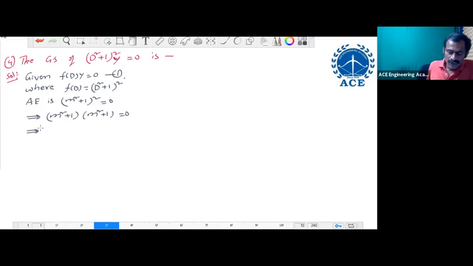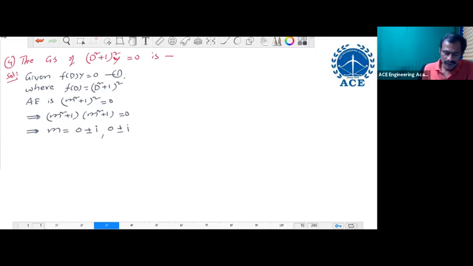It is a fourth order algebraic equation, and we have written this square as (m square plus 1) into (m square plus 1), and each factor will give 2 roots. So m equal to 0 plus or minus i, 0 plus or minus i. Because it is a fourth order equation, it will have 4 roots. All the roots are pairs of conjugate complex, a plus or minus ib form.